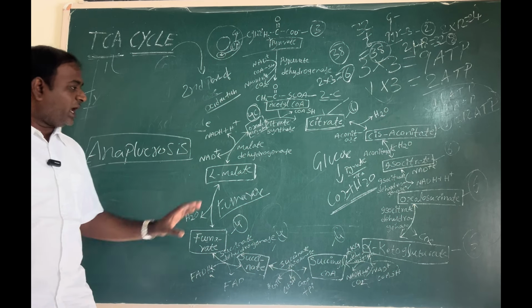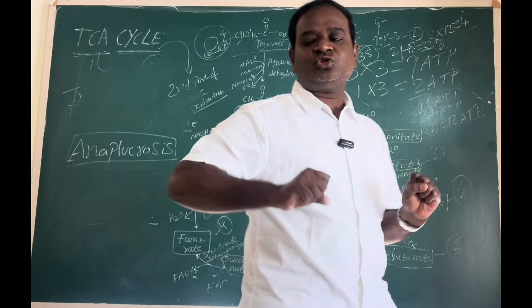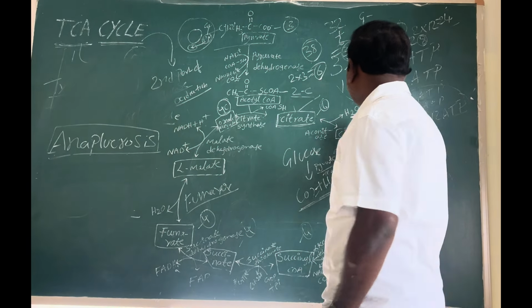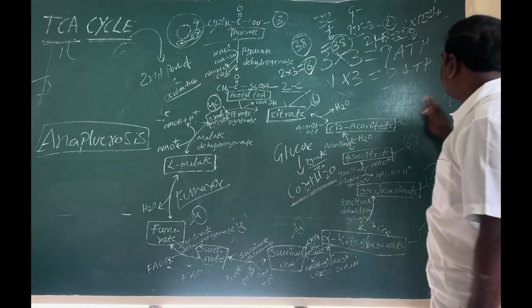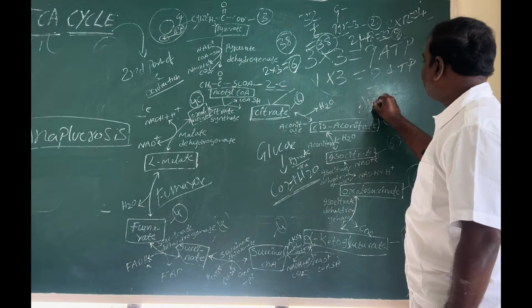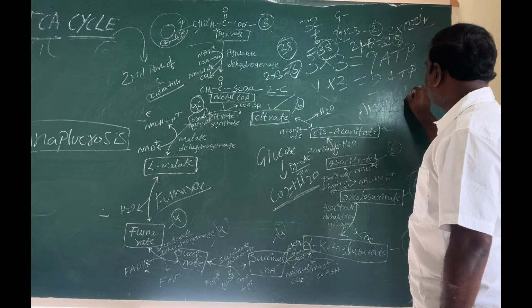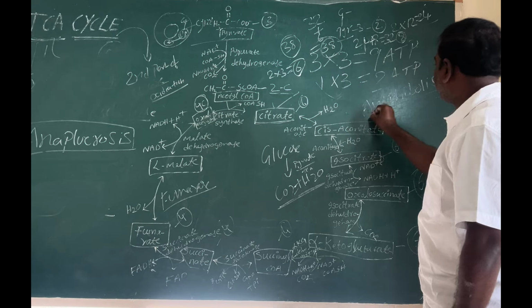Those reactions are called anaplerotic reactions. Okay. And this pathway has two phases, it is an amphibolic pathway.